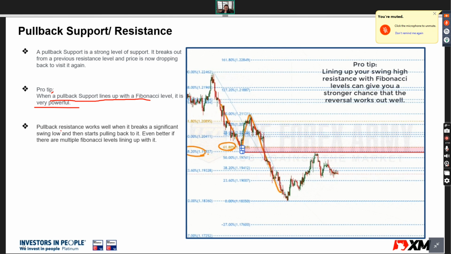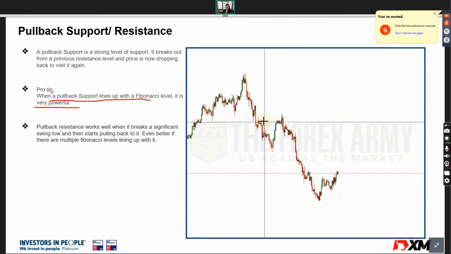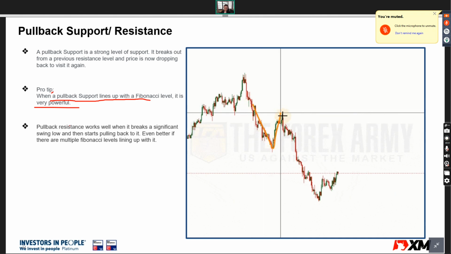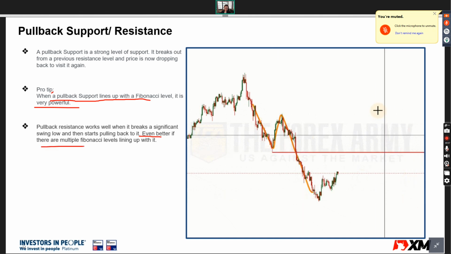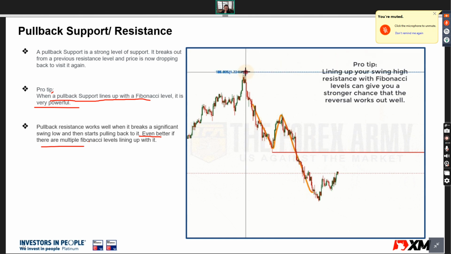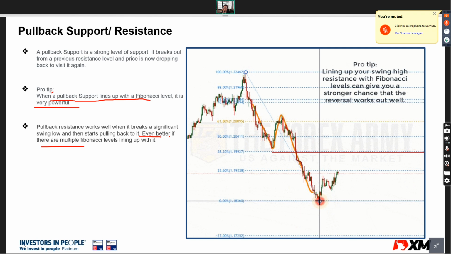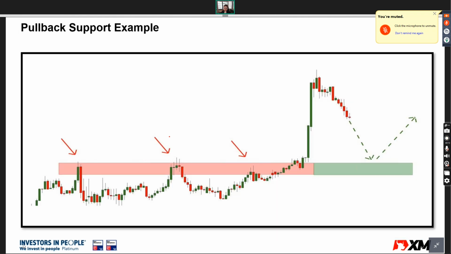Pullback resistance works well when it breaks a significant swing low and then starts pulling back to it again. Even better if multiple Fibonacci levels line up together, so basically Fibonacci confluence. For example, here you can see this pullback support example: resistance, resistance, resistance.